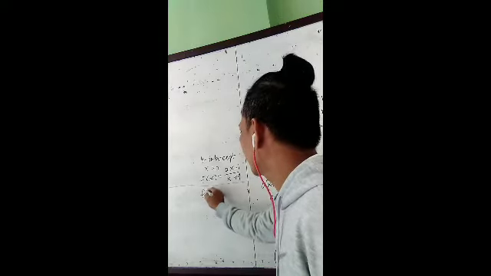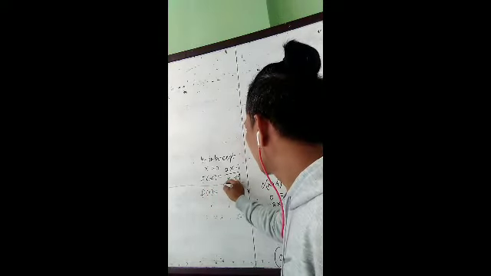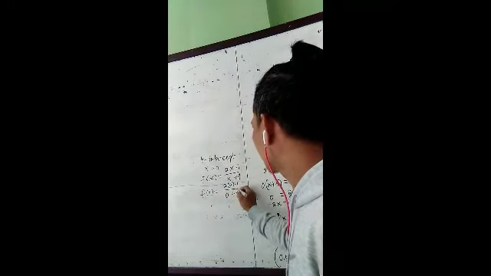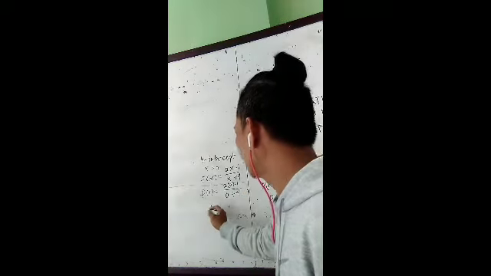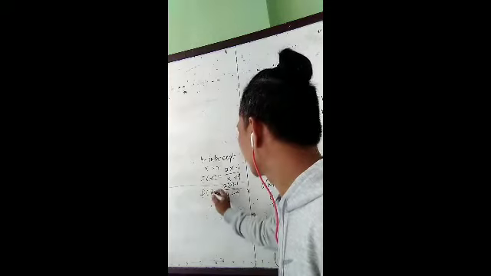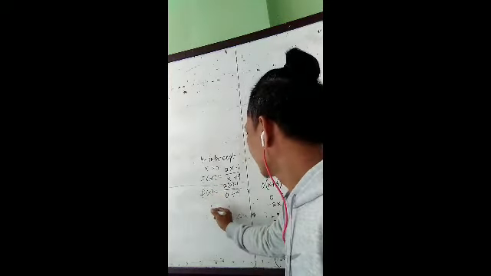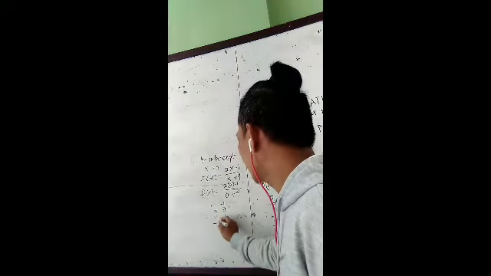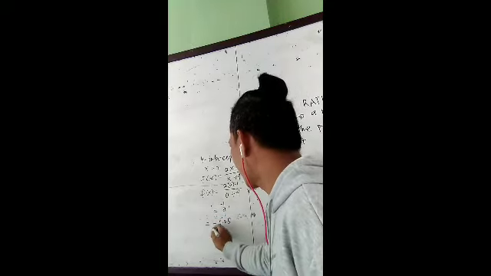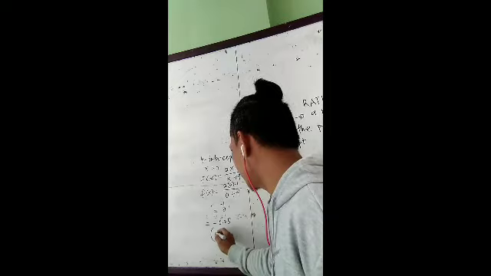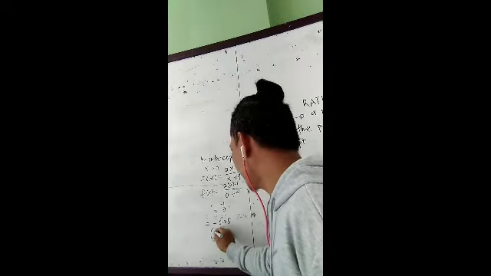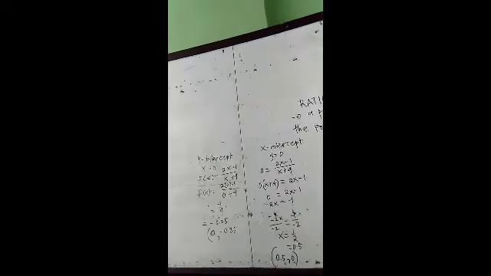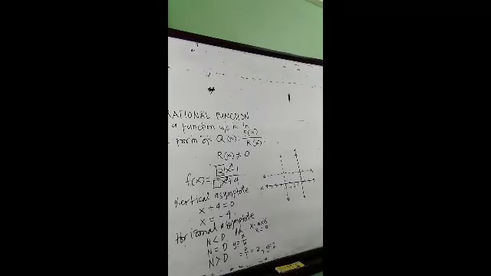We have f of 0 equals 2 times 0 minus 1 over 0 plus 4. Therefore, we have negative 1/4 or negative 0.25. Therefore, our point is at 0 and negative 0.25, which is located here.